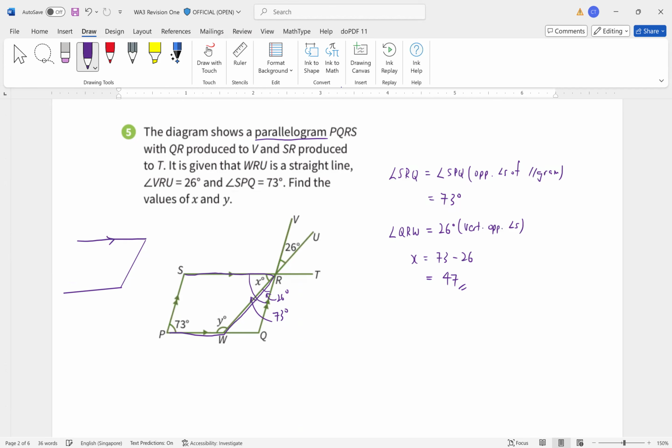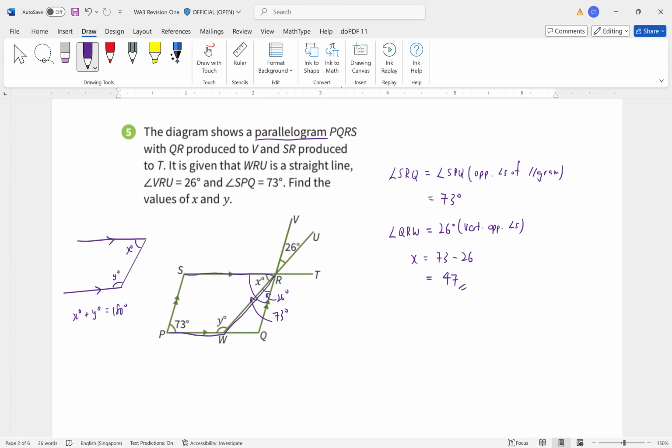Whenever you have two sides that are parallel, then these two angles, let's call them X and Y, angle X plus angle Y is going to add up to 180. So these are interior angles.